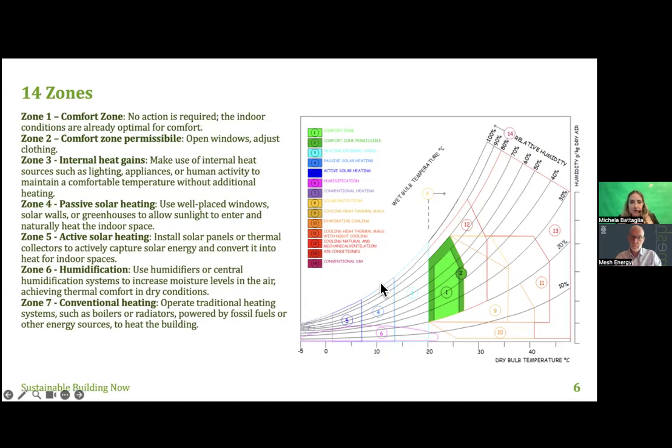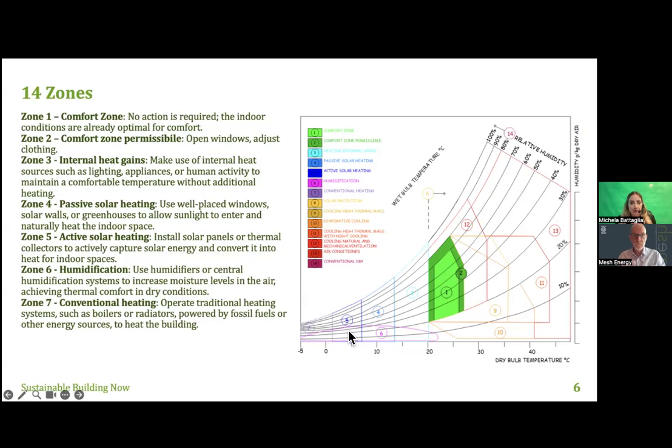When we are in zone 3, it means that we can heat the interior of the building with internal heat gains, such as lighting or human activities. In zone 4, we are in passive solar heating, so it's really important to use well-placed windows and solar walls or greenhouses to allow sunlight to enter and naturally heat the indoor spaces.